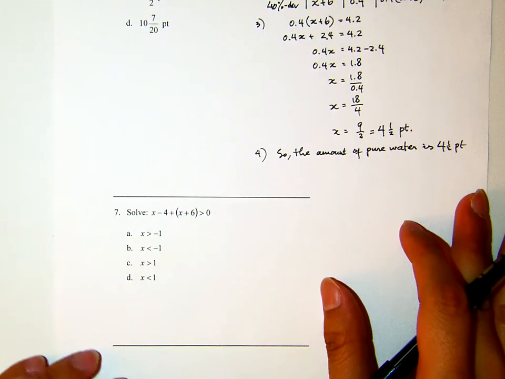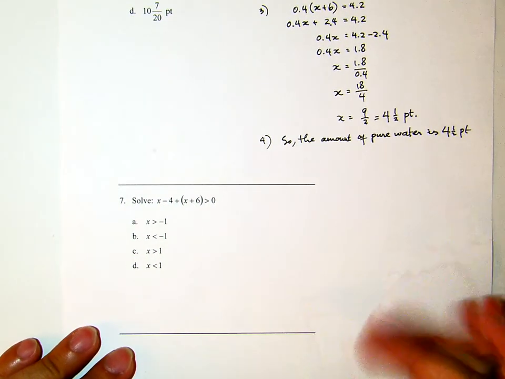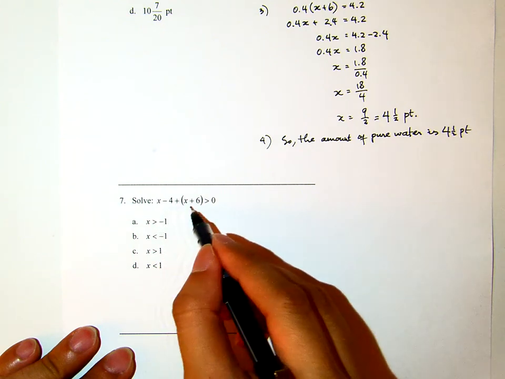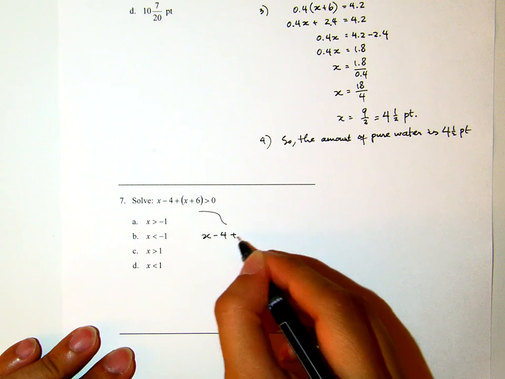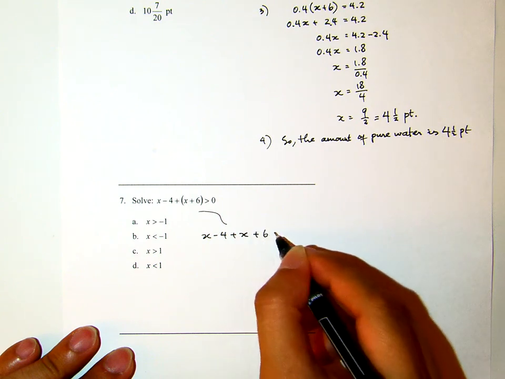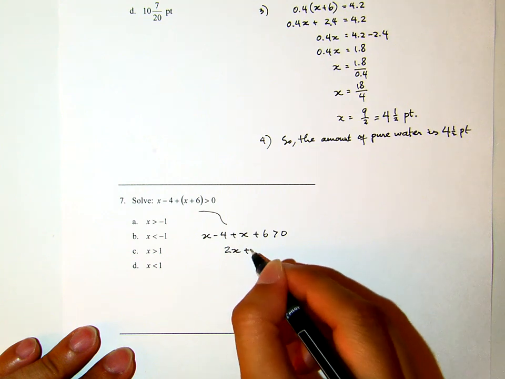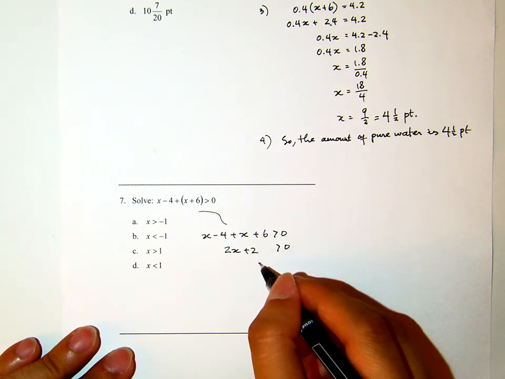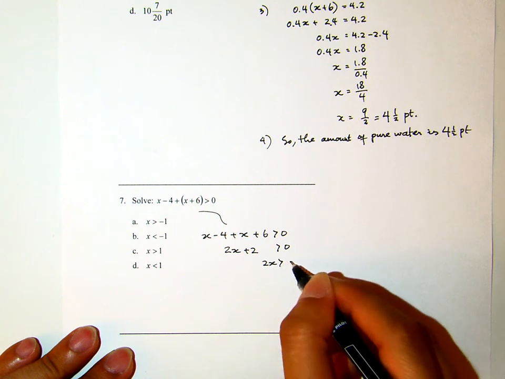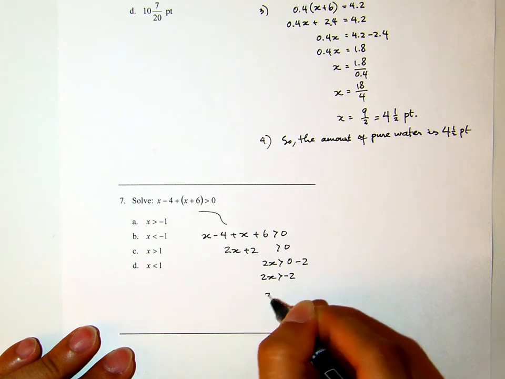Number 7, solve this inequality. What I will do first is open the parentheses. There will be x minus 4 plus x plus 6 greater than 0. That's 2x plus 2 greater than 0. I subtract 2 on the other side. 2x is greater than 0 minus 2, which is negative 2, and I will divide by 2.